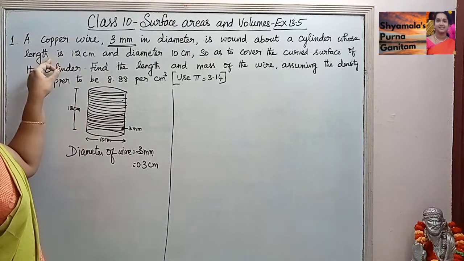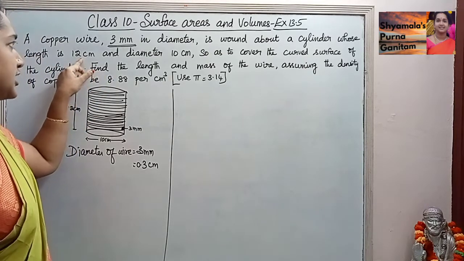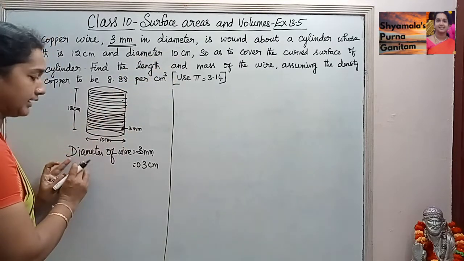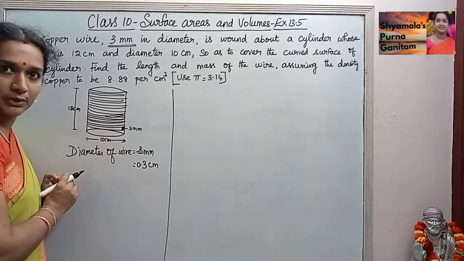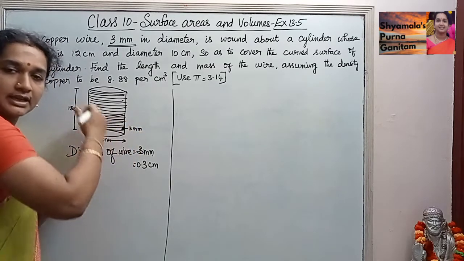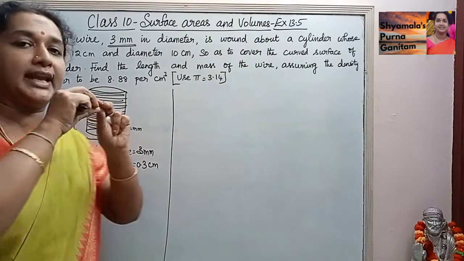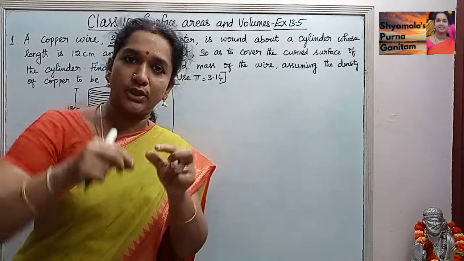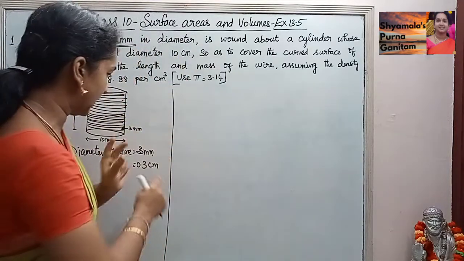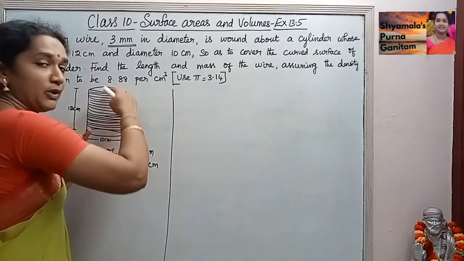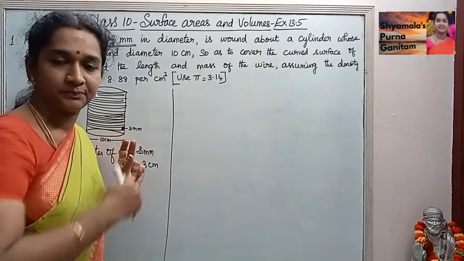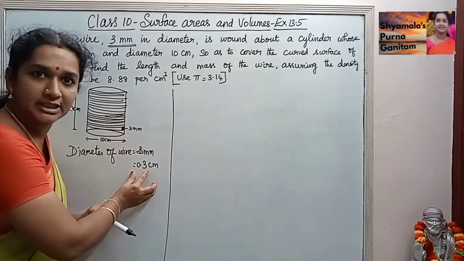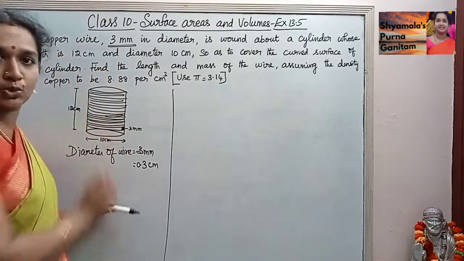The length of the cylinder is 12 centimeter and its diameter is 10 centimeter. We are taking the wire and rotating it around the curved surface, so we need the total number of rounds. The diameter of the wire is 0.3 centimeter and the total length is 12 centimeter.